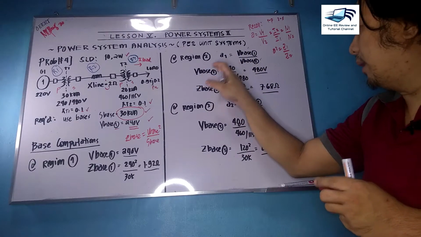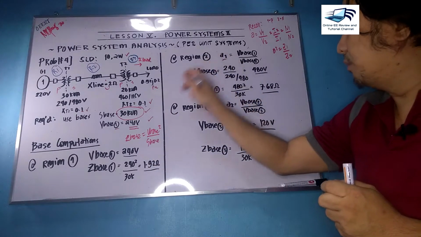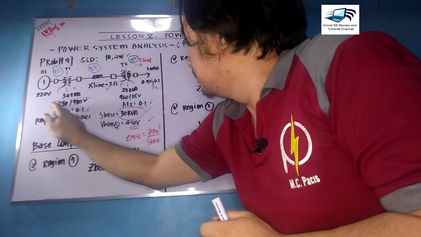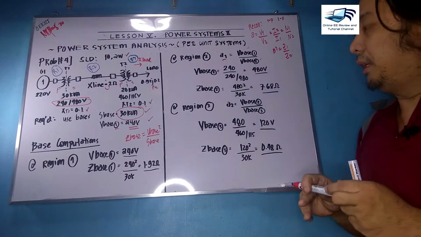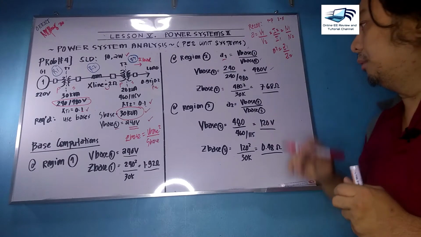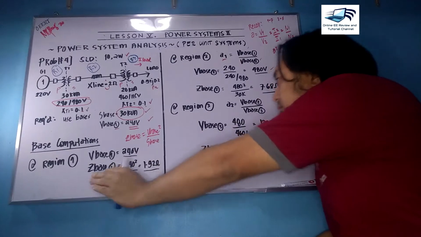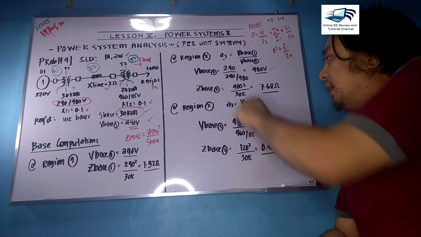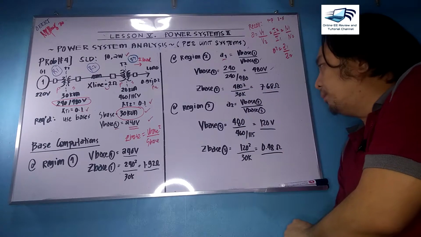Okay, get V base 2, our main goal. You have V base 1, 240, and your a1 is in terms of voltage, right? So for that, you have 240 over 480. The answer is 480 volt. Doing again the same pacing here, Z base is V squared over S base: 480 squared over 30 kVA is 7.68.